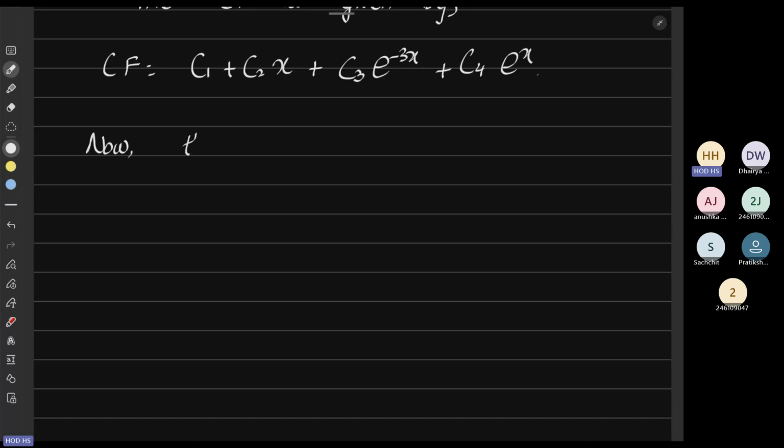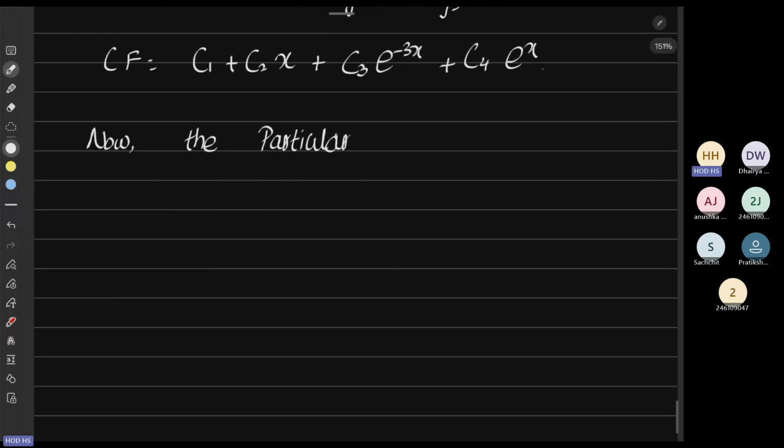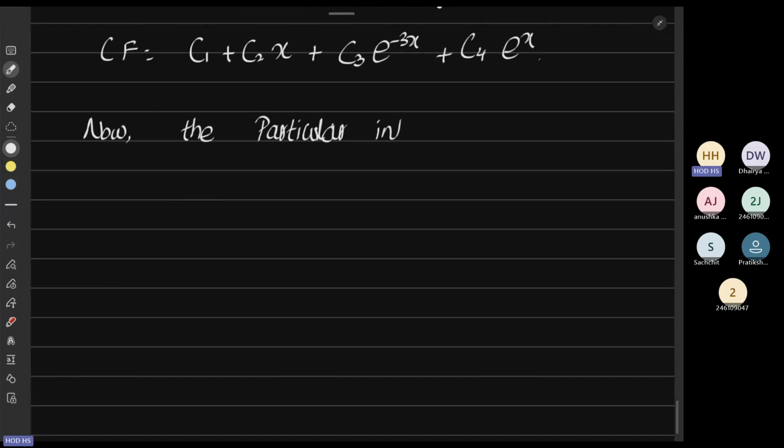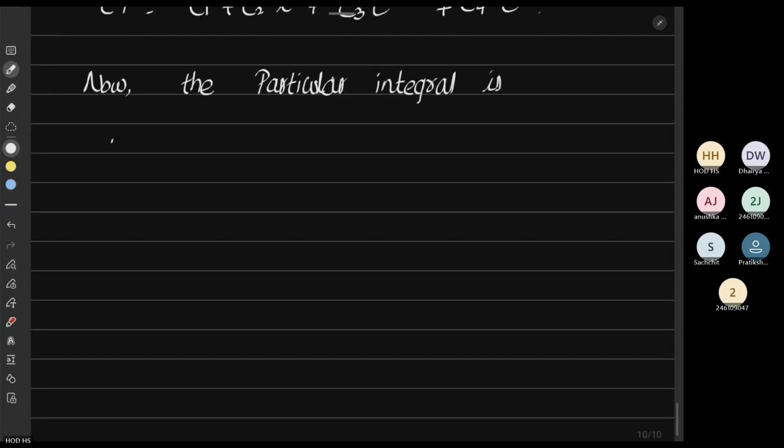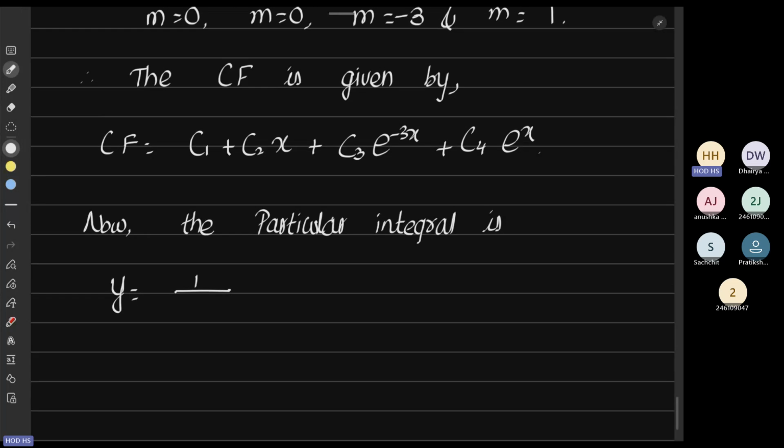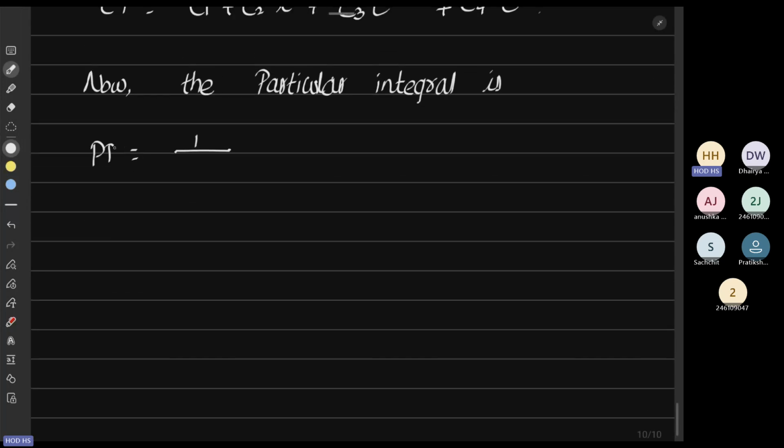Now the particular integral, PI, instead of y we are using y for the complete solution.